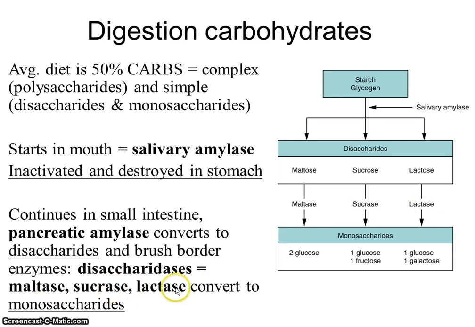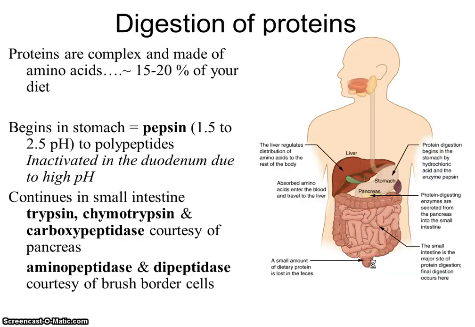These three will convert all the carbohydrates that you've ingested to glucose, fructose, and galactose. Those are your monosaccharides. These are small enough to be absorbed.